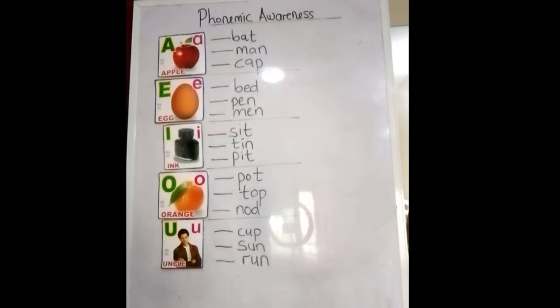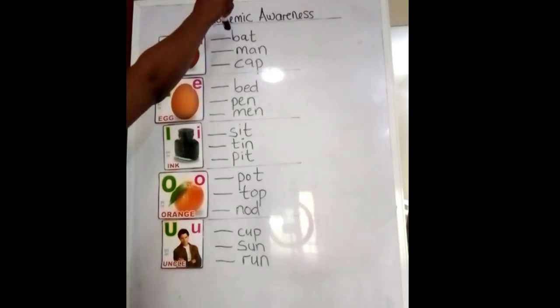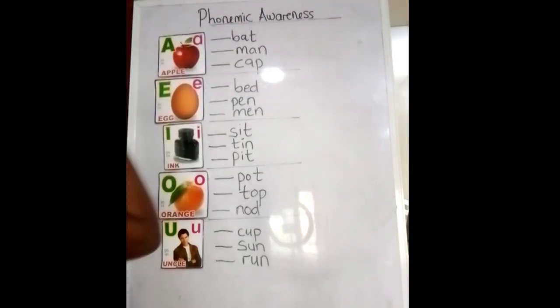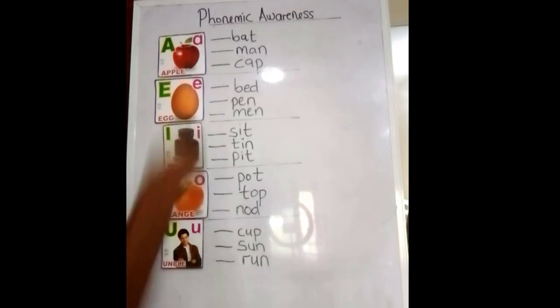So we'll just take a few more examples, or we can even use this to stress some other sounds that are made by the different letters of the alphabet. For instance, the first word here, bat. There are 3 sounds in that word. Remember, we already considered the different sounds made by the letters of the alphabet.